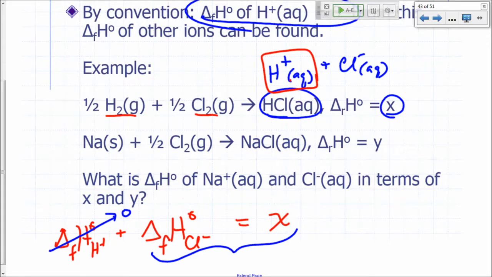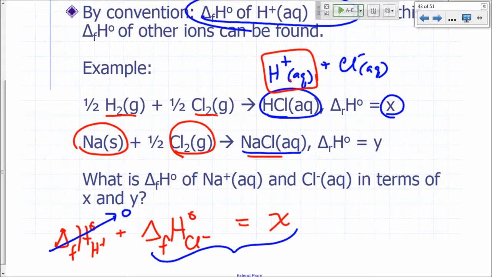Here you have sodium chloride in aqueous solution. You're forming it from sodium solid, that's the element sodium in its standard state, and Cl2 gas, chlorine, the element in its standard state.